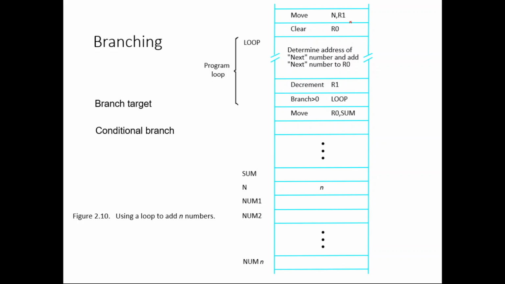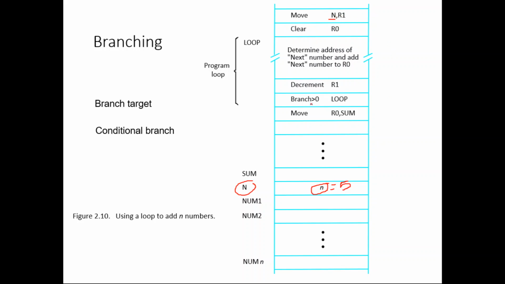Move n comma r1, where n is the count of how many numbers you want to add, and that is stored in some location in the memory. So this small n represents how many numbers are to be added. If n is 5, it means that we want to add 5 numbers in total, that is num1 plus num2 plus num3 plus num4 plus num5.